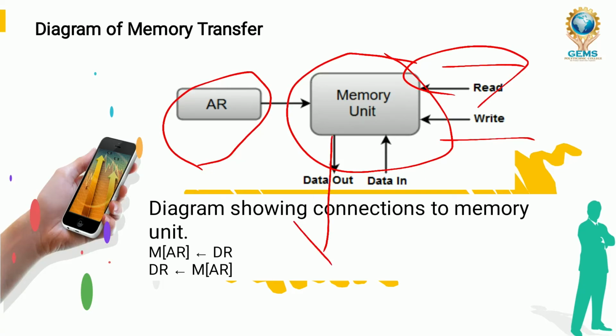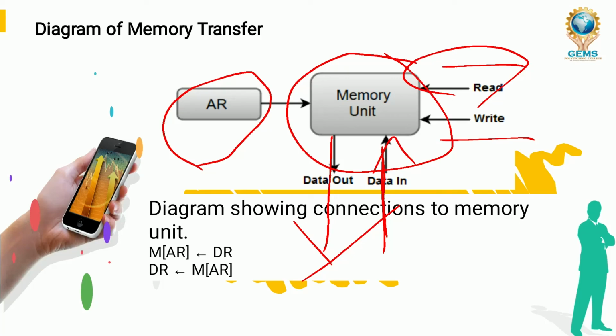The second thing is the write operation. In the write operation, data will go inside of the memory, and it will be stored in the memory.